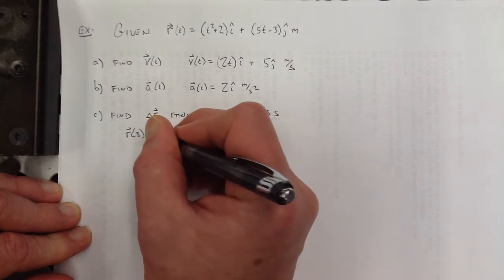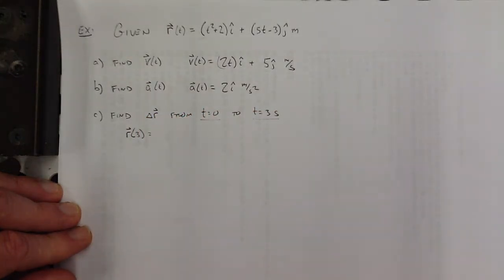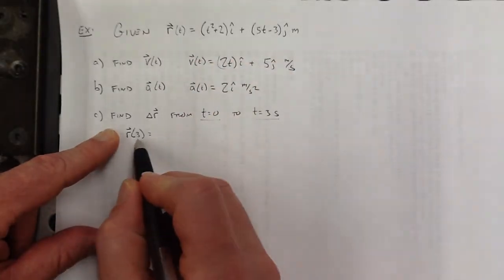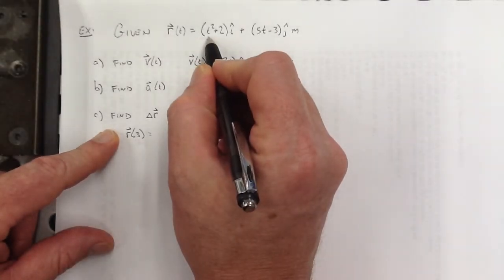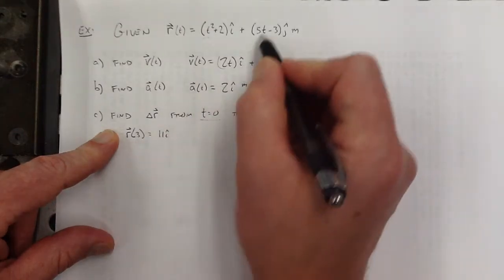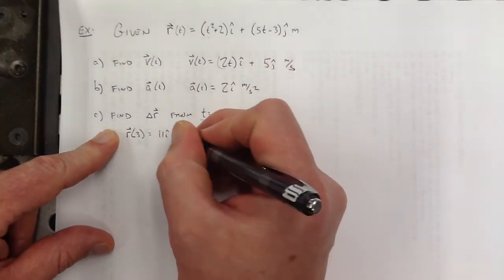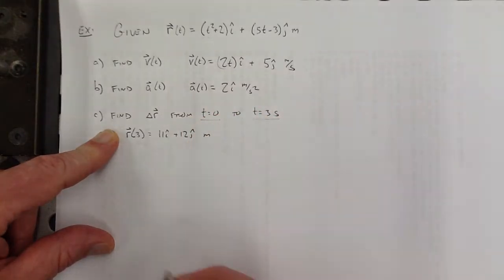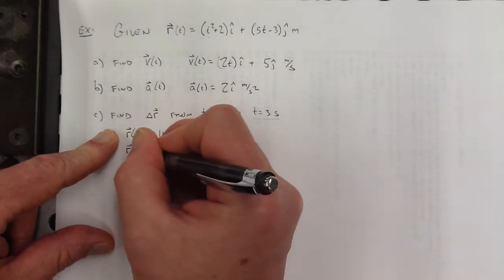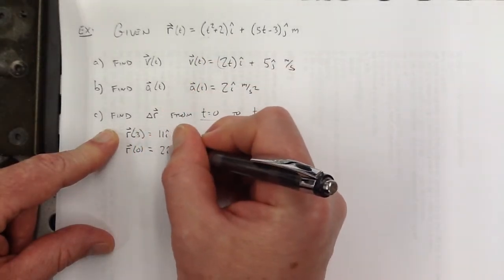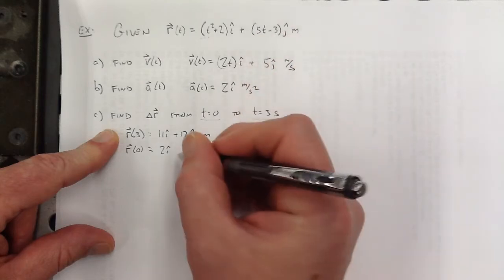So the position at time 3 is, well, I just need to plug that in, right? So 3 squared is 9 plus 2, that's 11i. And then 15 minus 3 plus 12j in meters. And then the position at time 0 is 2i minus 3j.